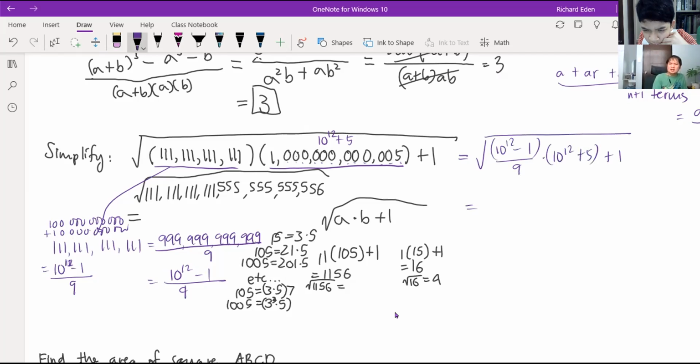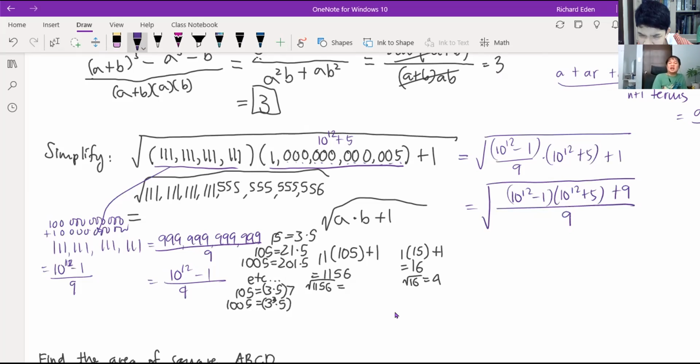Okay, and then you can rewrite the radicand as a single fraction with denominator 9. So this would be plus 9. Then here you have 10 to the 12 minus 1, and then 10 to the 12 plus 5. You used x, but that's also okay. Essentially, what you're trying to do is find a relationship between the two major factors inside the square root.